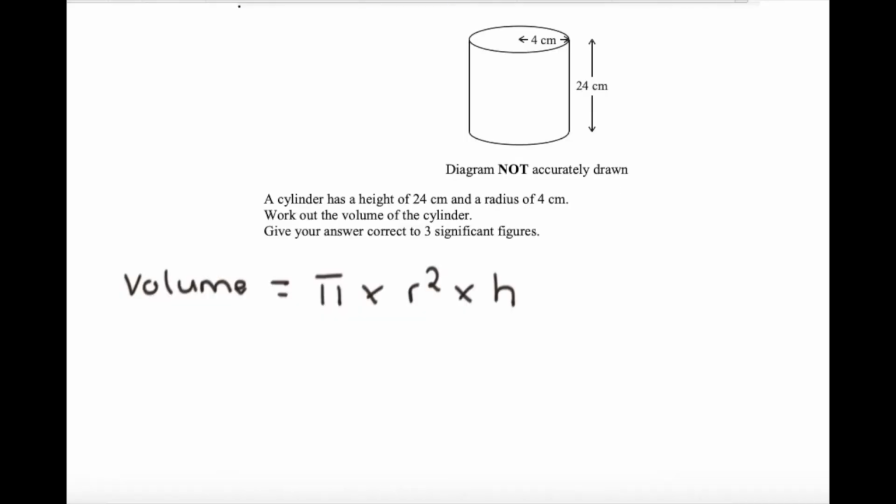So the first question says, a cylinder has a height of 24 centimeters and a radius of 4 centimeters. Work out the volume of the cylinder. Give your answer correct to 3 significant figures. Now, volume is equal to pi times r squared times height.